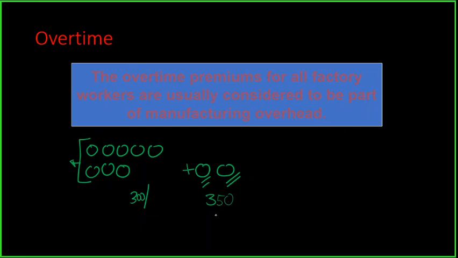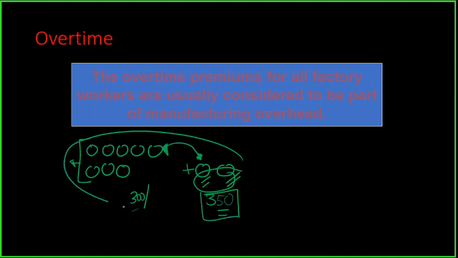The customer will say, why are you selling this for 50 pesos more than this table? They have the same function and same features. You cannot say, this one is more expensive because it was made on overtime. So what are you going to do? The overtime rate for these two tables should be allocated to all our outputs.